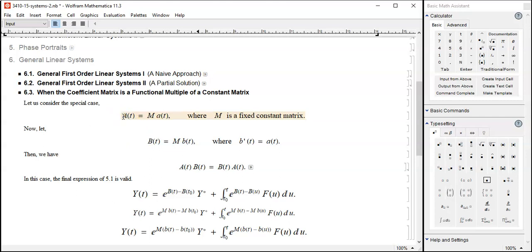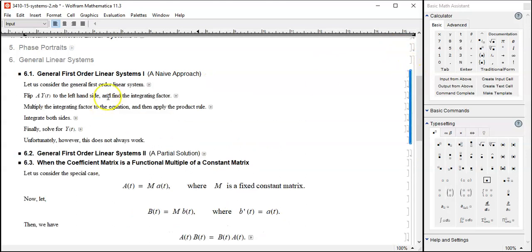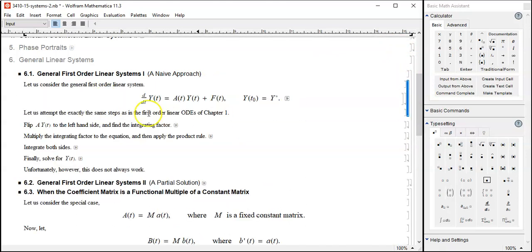So the coefficient matrix A of t may have some t expression, but for each entry, the t expression is exactly the same, so I can factor it out. Each entry has, say for example, sine of t. So take the sine of t out, and we have a matrix times sine of t. That's a kind of circumstance.